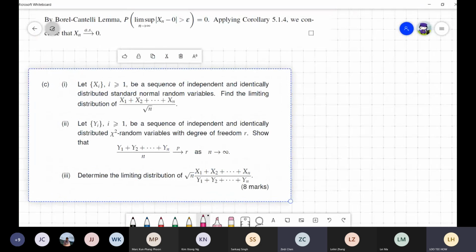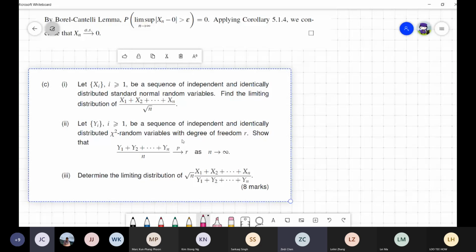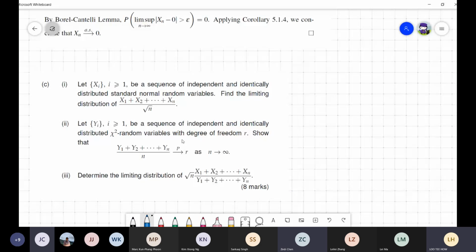Let me see. This is the 1920 question 4, SQB7004 1920 semester 1 question 4C.